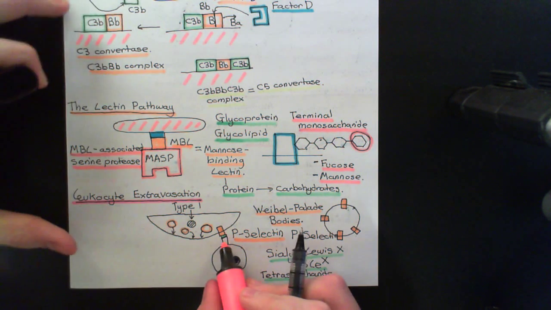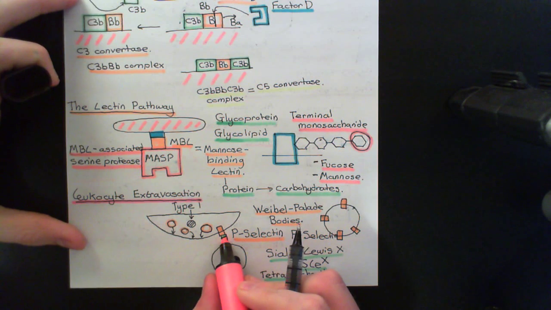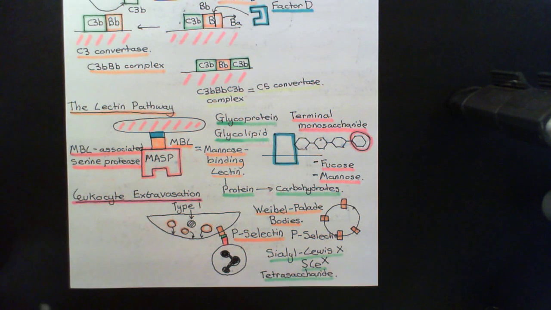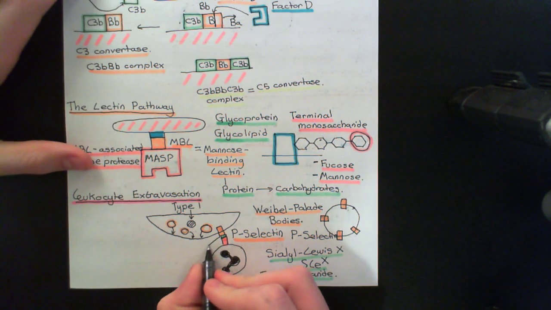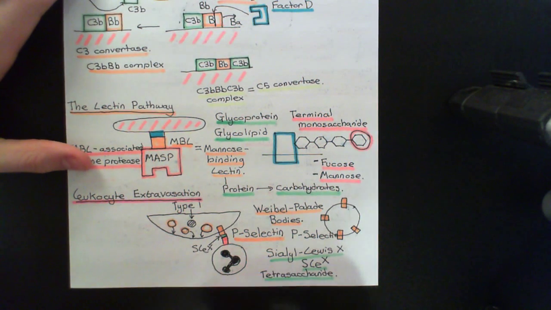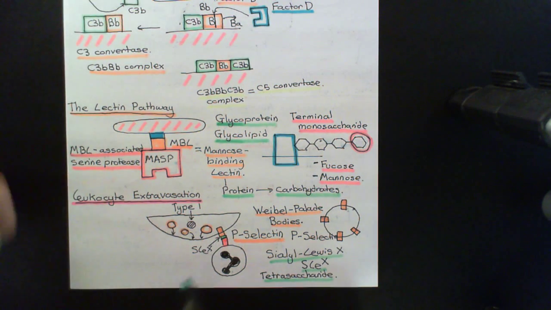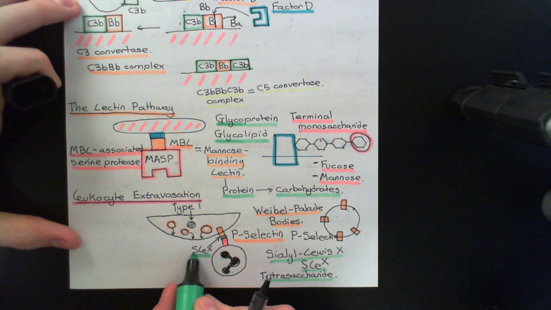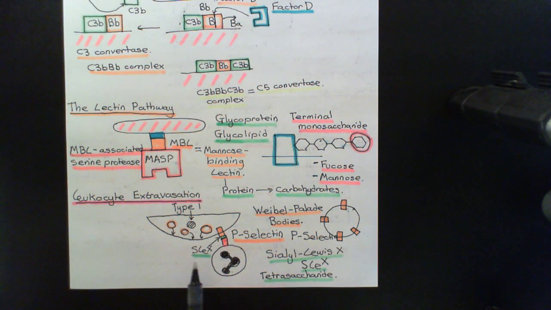The rest of that blob on the surface of the neutrophil represents some other integral membrane protein, or potentially glycolipid, so some glycoprotein or glycolipid which has the sialyl Lewis X attached to it. So here, this is the sialyl Lewis X. All sorts of molecules on the surface of the neutrophil have this carbohydrate moiety attached onto them, which is the sialyl Lewis X, abbreviated like so. And this is the ligand for P-selectin.